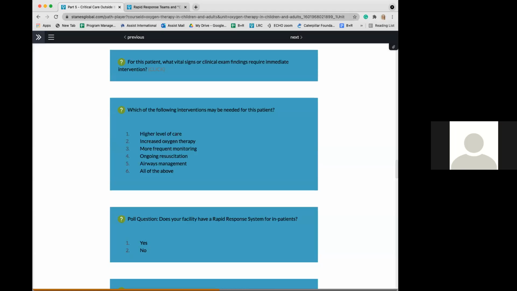They will need airway management or airway support because this is a patient who has suddenly become unconscious, so we need to manage the airway as we also deliver oxygen. So all of the above interventions should be administered in this particular patient. Well done to all of those who went for the correct response. Thank you.